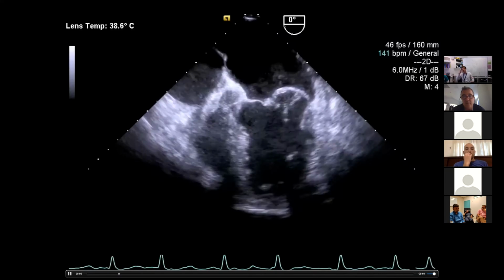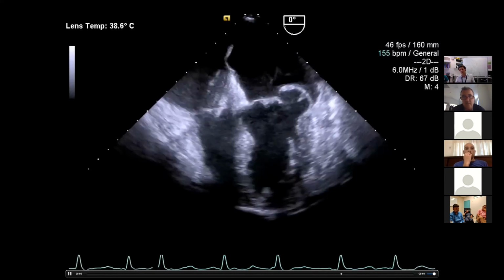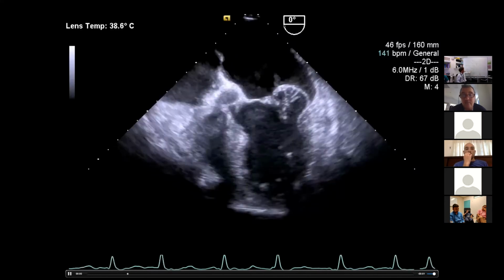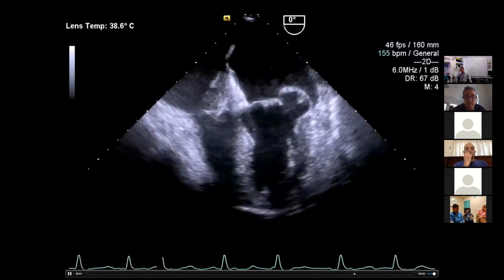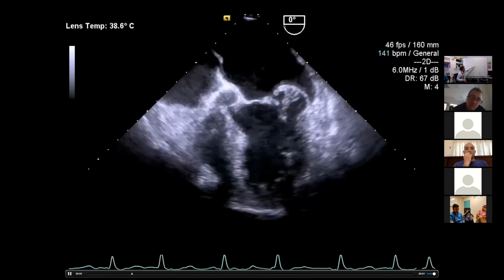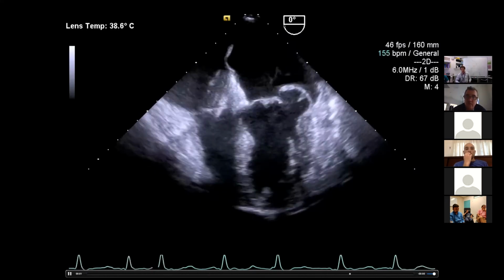I use this view just to tell me is it anterior or posterior, and then I flick around and try to get the commissural view, and again you can use that angle backwards or forwards to see which leaflets you're in.